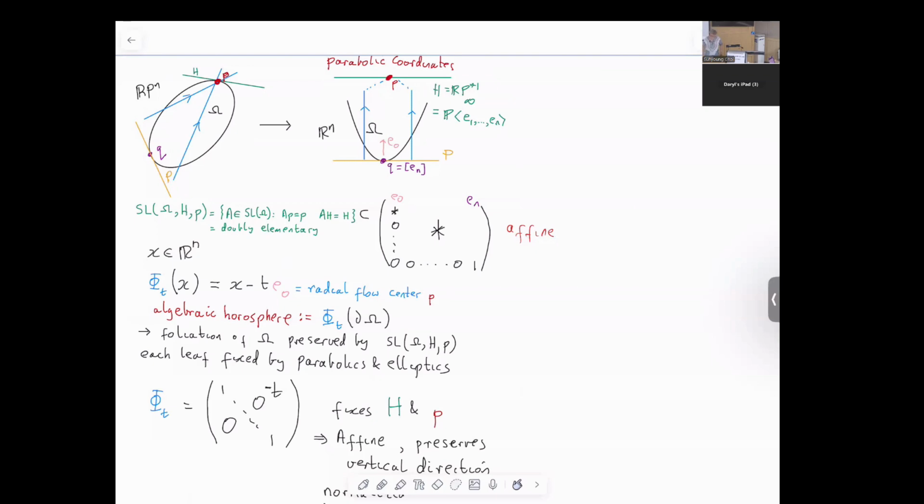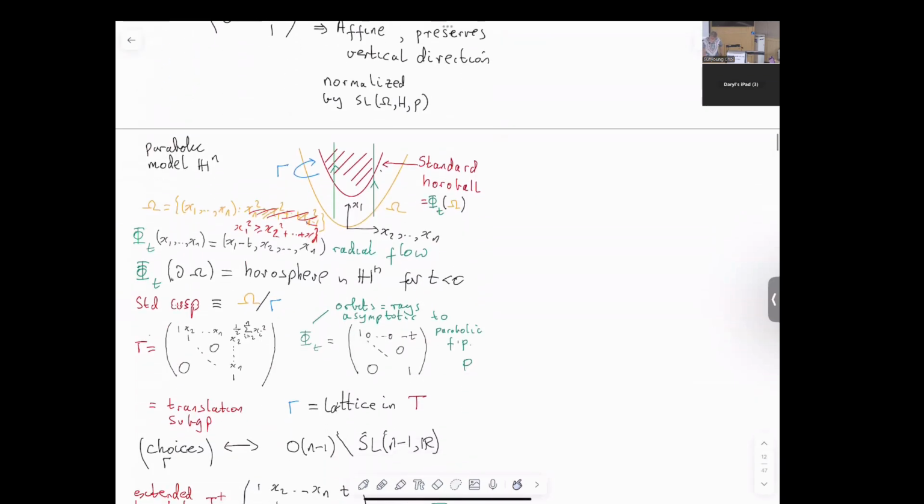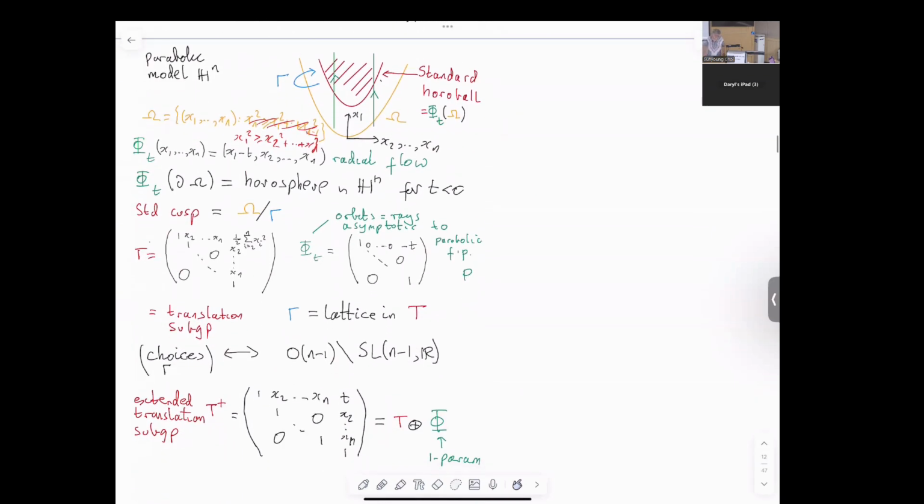Okay. So in particular, this leads, if you apply this to hyperbolic space. One way to think of hyperbolic space is to take a round disk, and we're going to take a point in the boundary of this disk and a supporting hyperplane. If you apply parabolic coordinates to hyperbolic space, what you get is what's called the parabolic model of hyperbolic n-space.